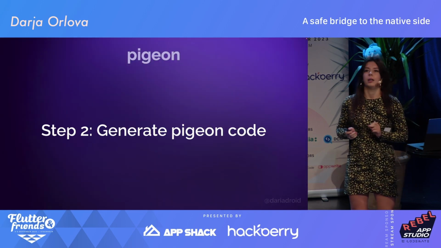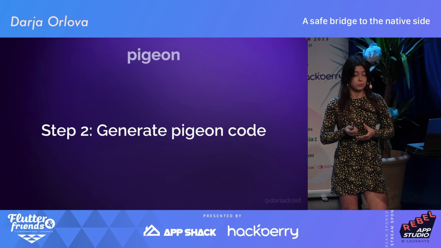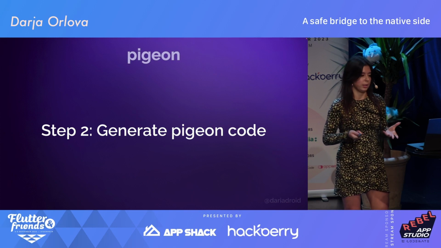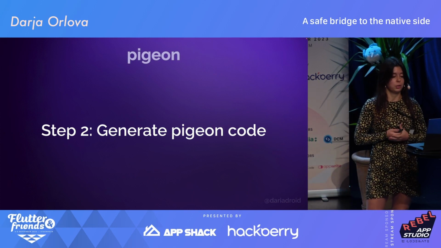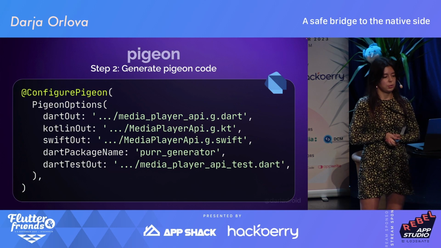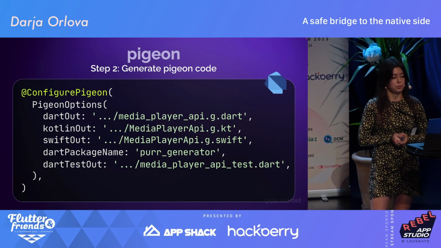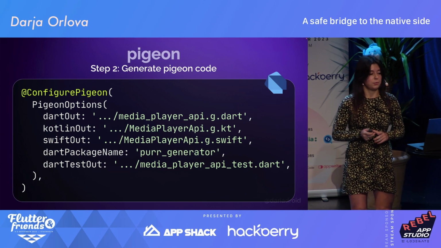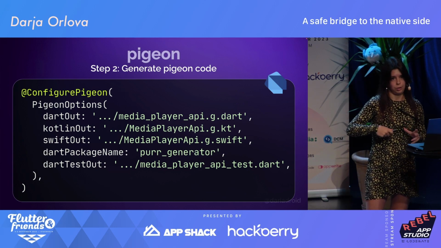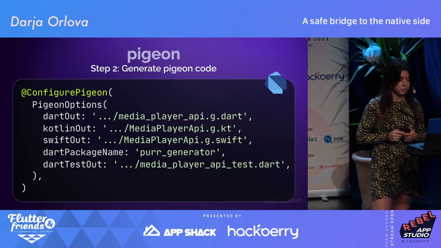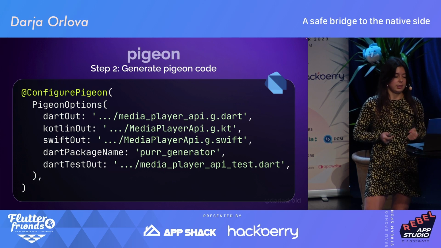But OK, let's say we specified all of the code in our file, and we now want to generate real code from that interface. For that, there are also configuration options. In the very same file, we need to use the annotation called ConfigurePigeon. In here, we can specify which files to generate where, like if we want to support Kotlin, Swift, testing, and so on.